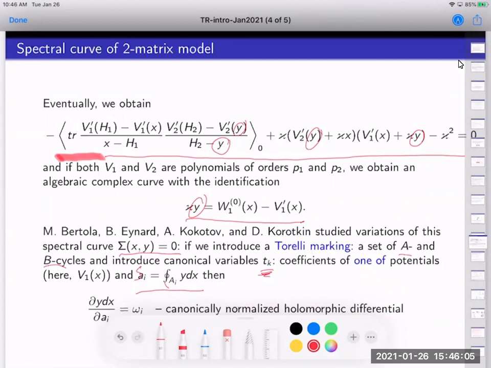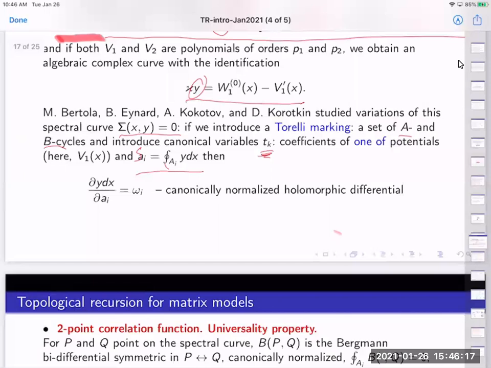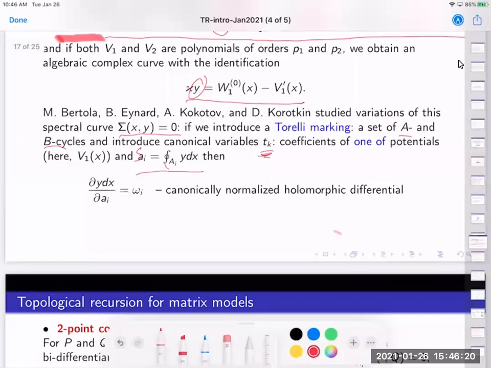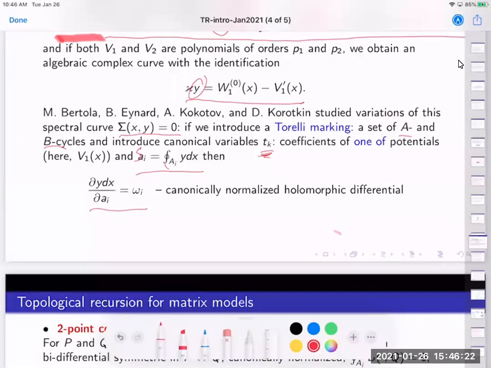And what is interesting is that the whole structure that we had for the one matrix model remains relevant in this case. So all differential relations remain exactly the same.